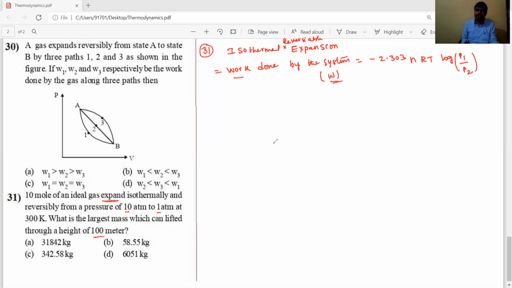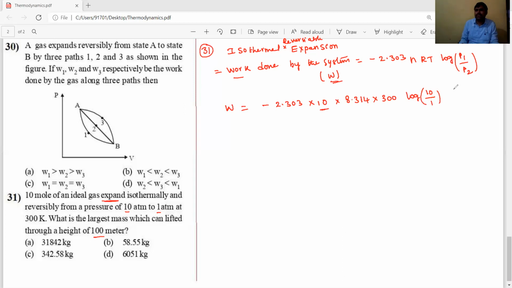First we have to find the work. So W is equal to minus 2.303 into n, 10 moles, and R value in joules 8.314, temperature 300 kelvin, and log P1 by P2, the initial pressure is 10 atmospheres and the final pressure is 1 atmosphere.